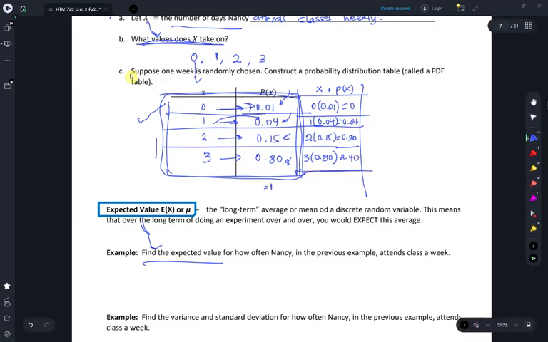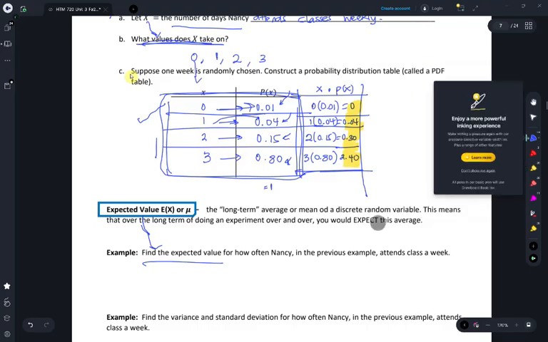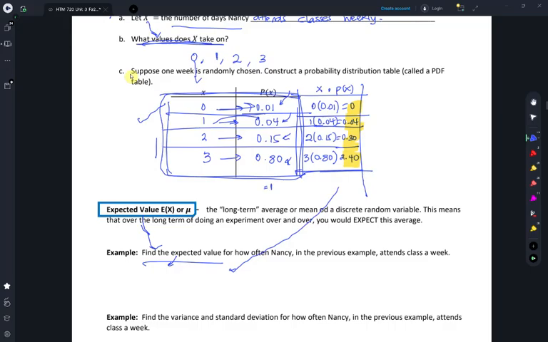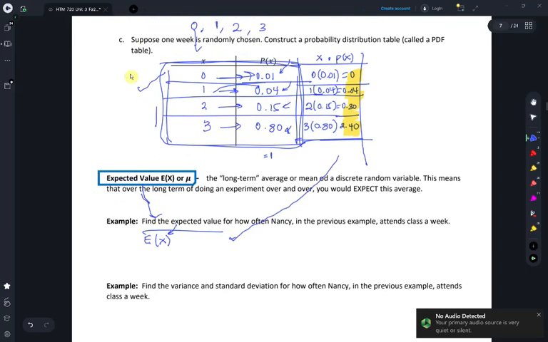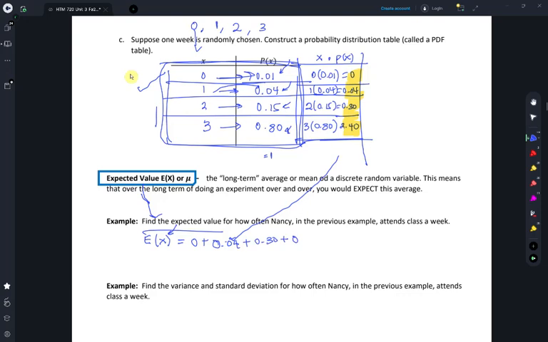Now, the addition of all of these results would be the expected value of the number of times Nancy attends classes weekly. So that will be 0, 0.04, 0.30, and 2.40, and that will give us the value of 2.74.